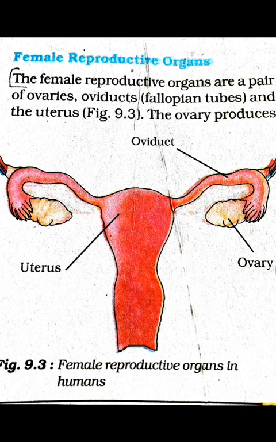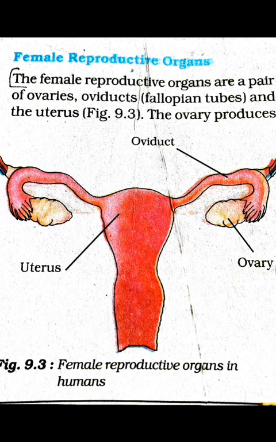In human beings, a single matured egg is released into the oviduct by one of the ovaries every month. And the development of the baby takes place in the uterus.